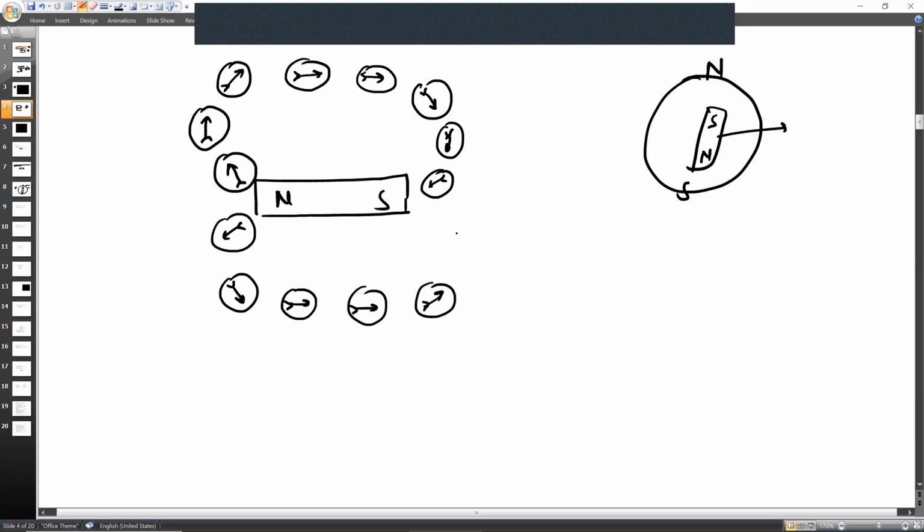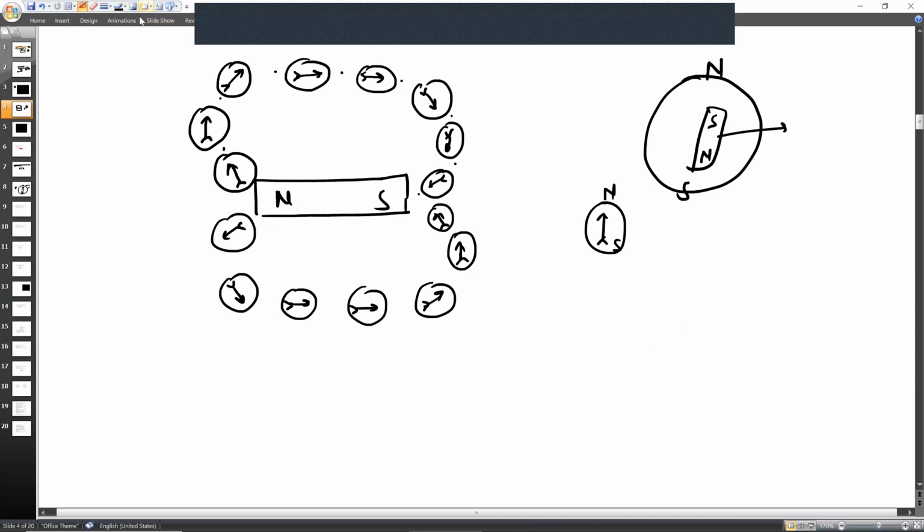According to the arbitrarily chosen direction, this arrow represents the north pole and this arrow represents the south. So we understand that the magnetic field lines move from north to south outside the bar magnet.